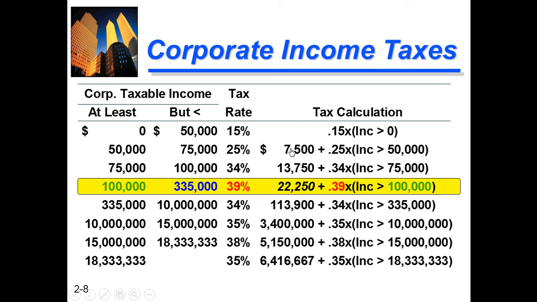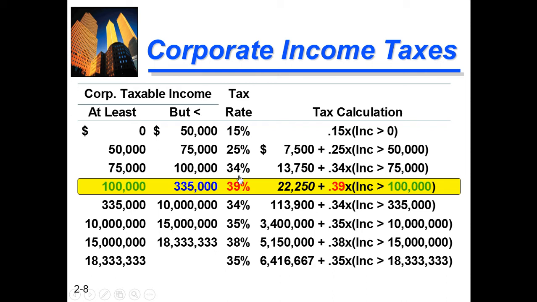Then any business whose profit is more than 50,000 up to 75,000 is going to pay 25% tax. If an organization is earning a profit of more than 75,000 and it reaches 1 lakh, they are going to pay 34% tax.